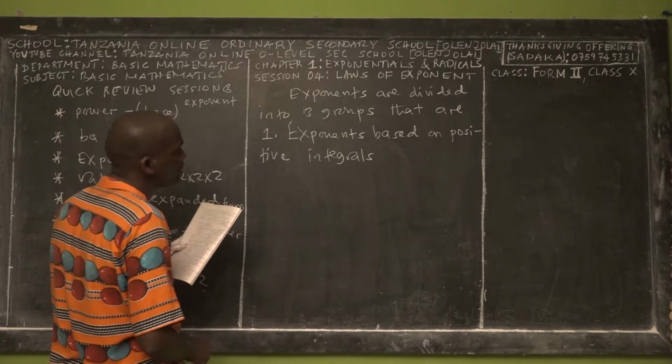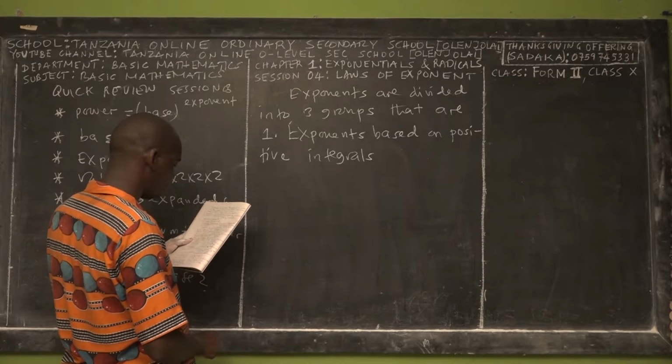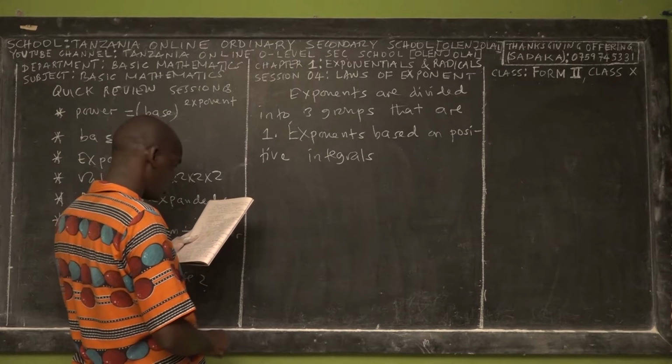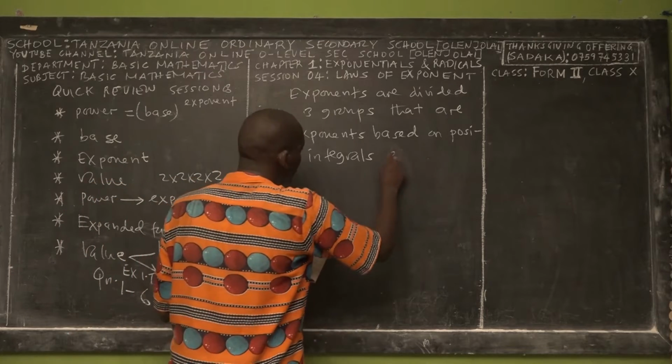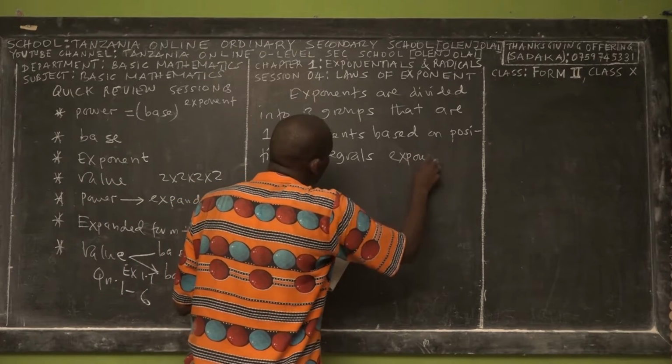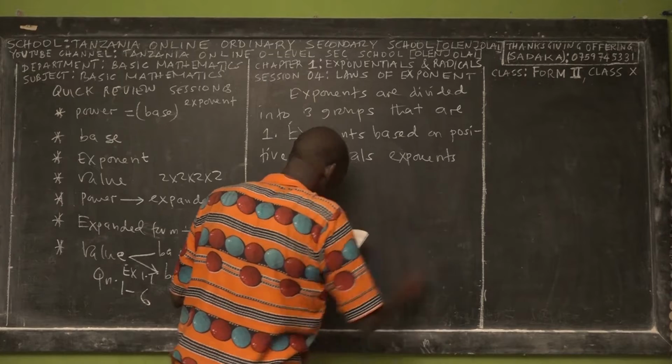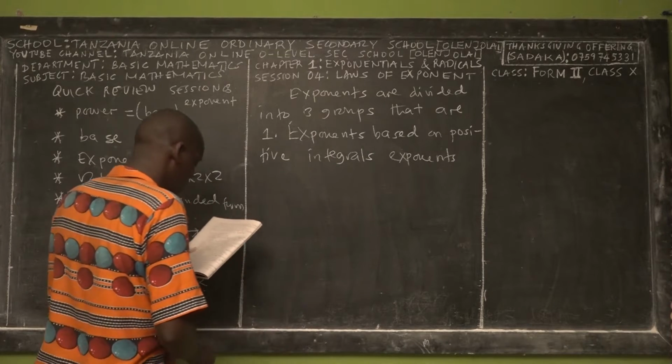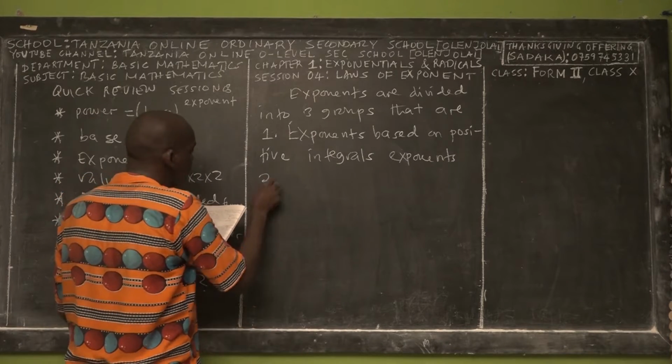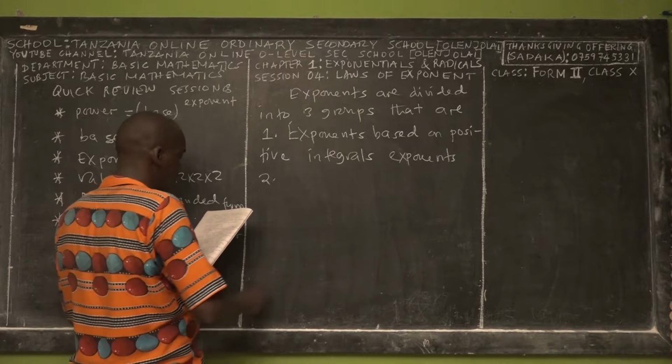When you say exponents based on the positive integrals, it means that these are the exponents where the exponent value is a positive integral.